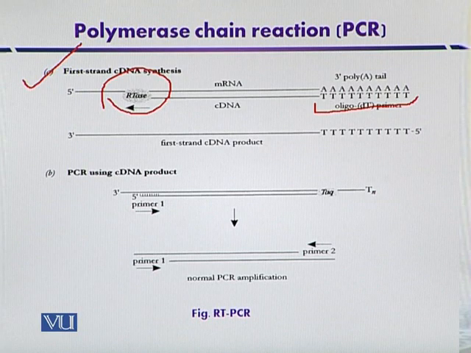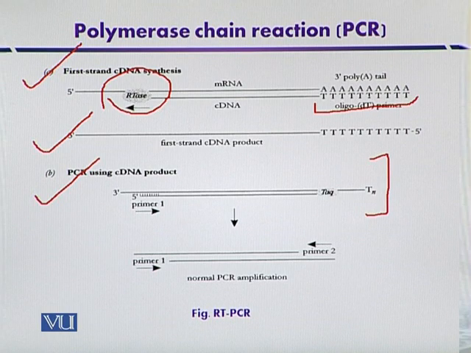So ultimately it will lead to the synthesis of the first strand of cDNA. Then in the second reaction, we can start the synthesis of the double-stranded DNA. So using the cDNA product, we can synthesize the double strand of the DNA molecule.